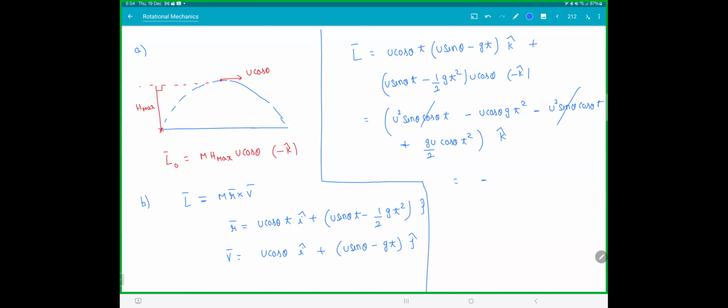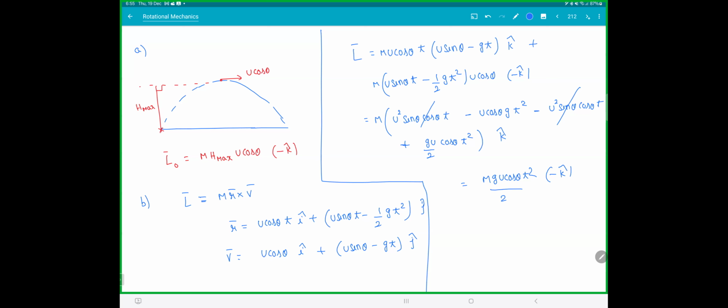You end up with minus g u cos theta t square by 2 k cap. There, that's your final answer. I forgot a mass also, into m. There, that's your angular momentum at time t.